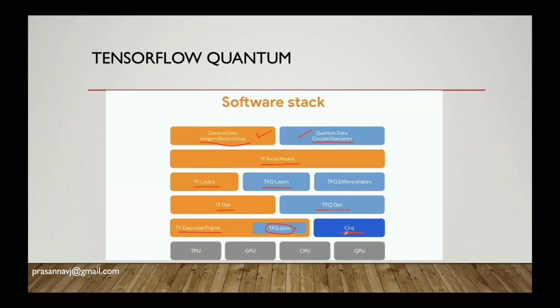And at the hardware level, TensorFlow can very beautifully work on TPU, GPU, and CPU. TPU is tensor processing unit. In the case of a quantum computer, they have defined it as a quantum processing unit. We talked about this, Microsoft's, Google's Sycamore. Like this, you have many others. We will see them shortly. So this is the software stack in terms of how TensorFlow Quantum is defined as such.